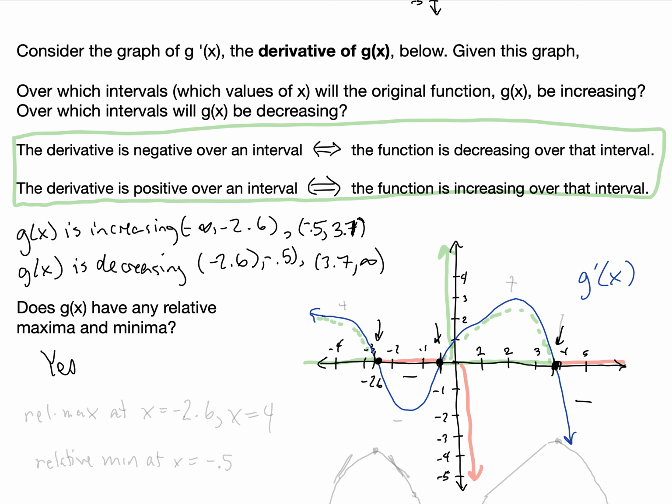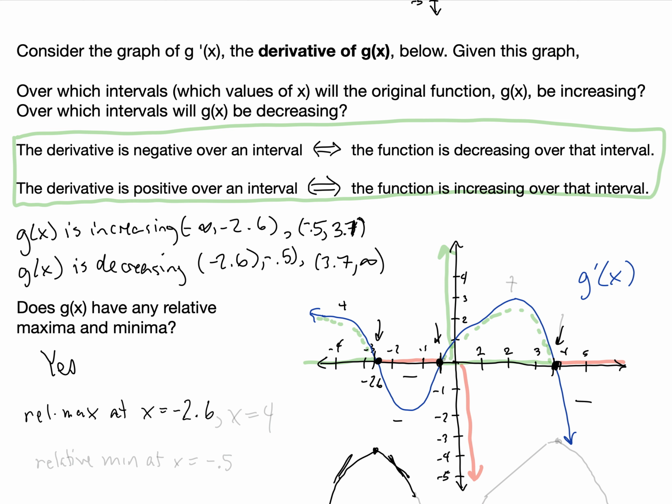So yes, and one such value is at x equals negative 2.6. Here, the derivative goes from being positive to being negative. So that means that the original function was going up and then going down. It had a positive derivative and then a negative derivative. So that means that this was a relative max. So we got a relative max at the point x equals negative 2.6.